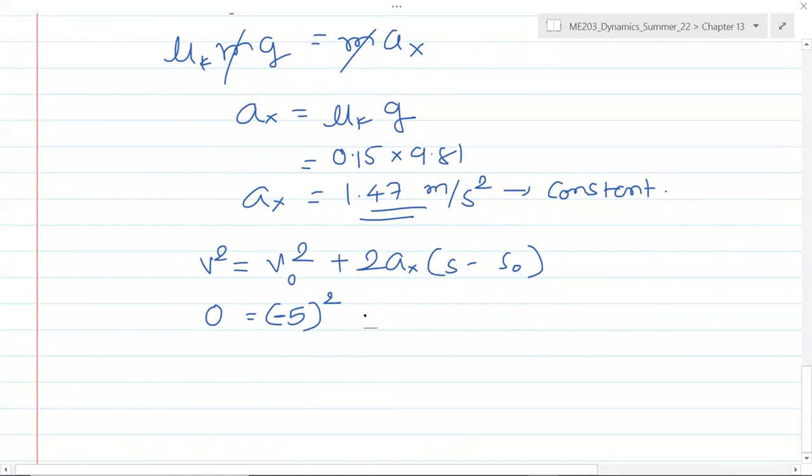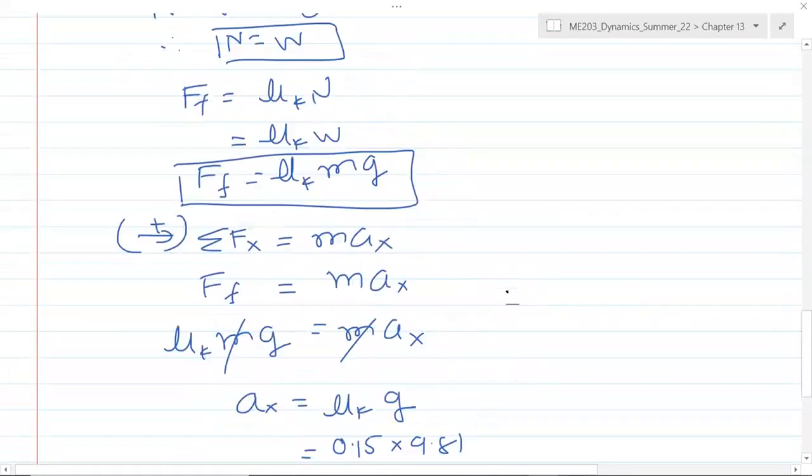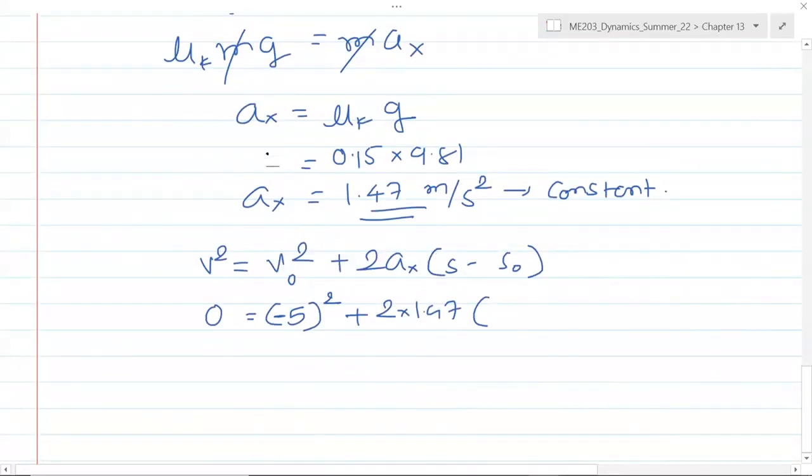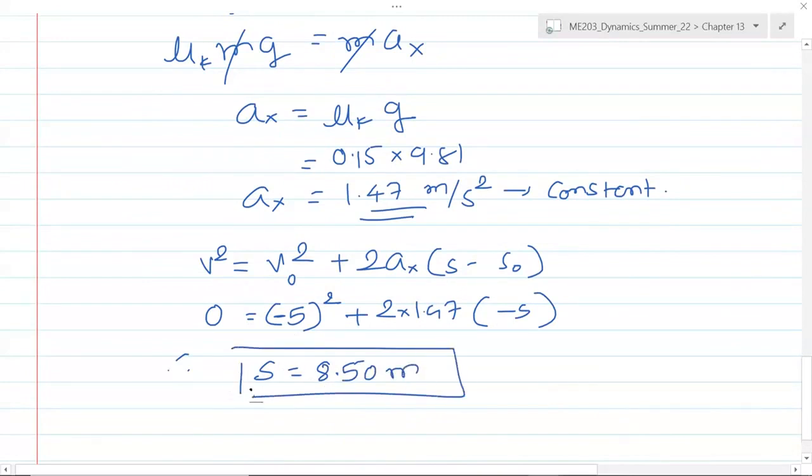The acceleration of the block we already calculated, 1.47, so we substitute that: 2 multiplied by 1.47. Now the distance traveled by the block is measured from the moment the conveyor stops, so that is s0, and relative to that we are measuring this distance s. This distance is in the negative direction of x, so we substitute minus s for that. Then when we solve this equation, we get s equal to 8.50 meters. And that's the final answer.